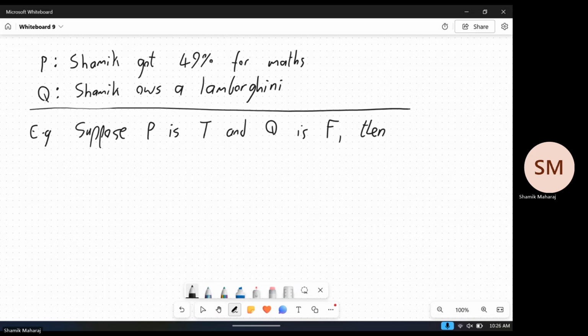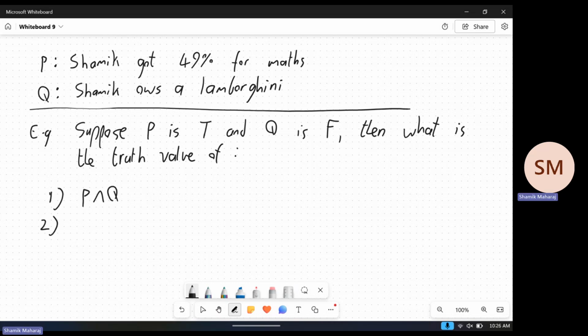Then what is the value of one, P and Q; two, P or Q; three, if P then Q.